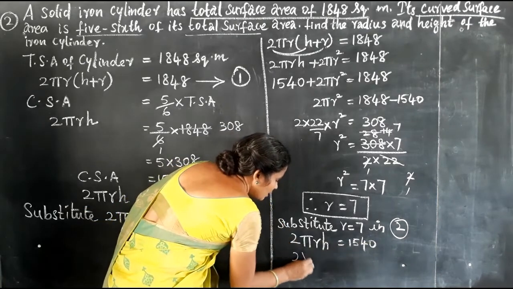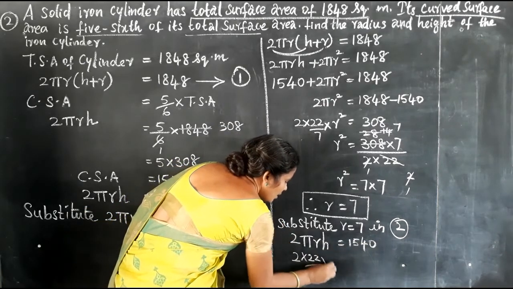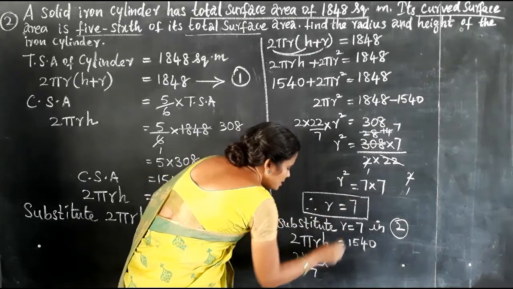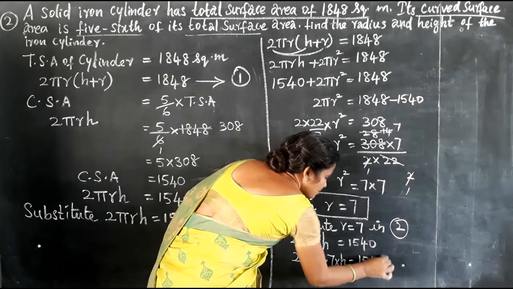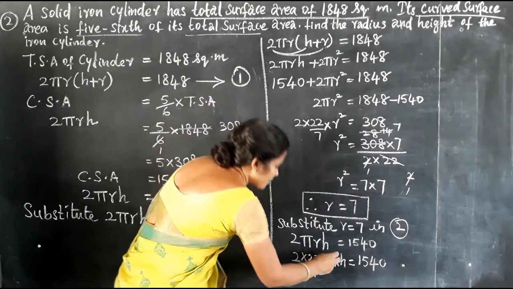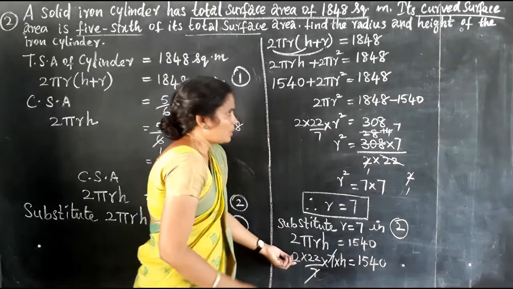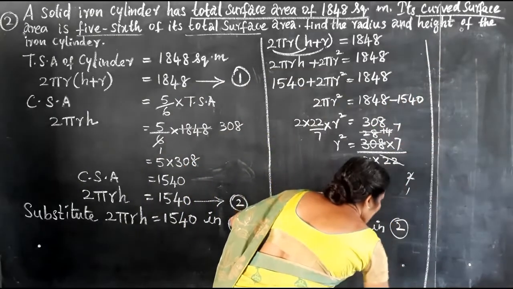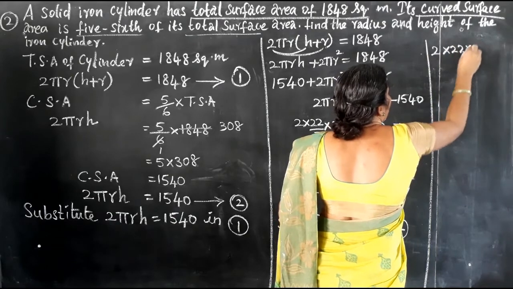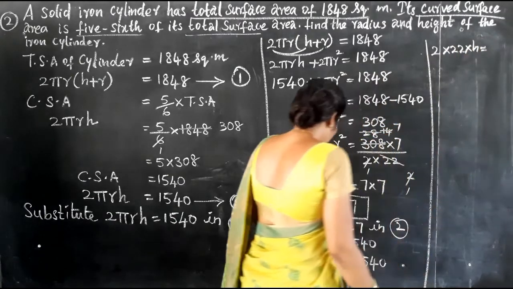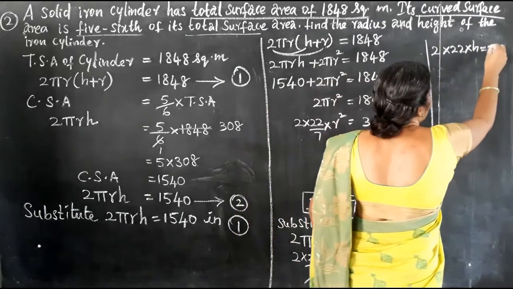So 2 into 22 by 7 into r, which is 7, into h, which we don't know, is 1540. The 7s cancel, so 2 into 22 into h is equal to 1540.